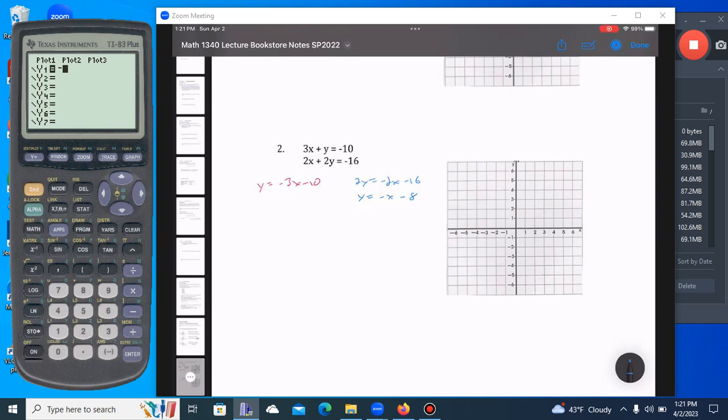So you have to have them in your y equals. We enter -3x minus 10. Then we can plot the other one, -x minus 8.